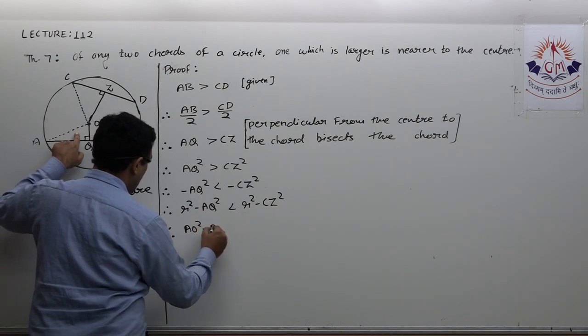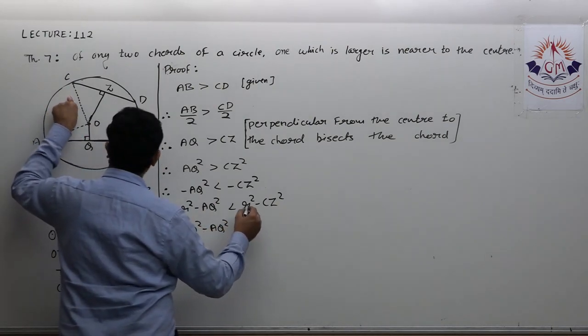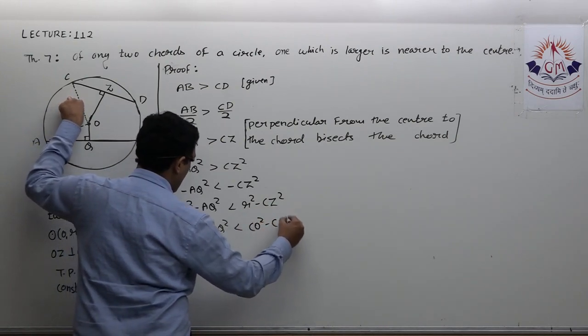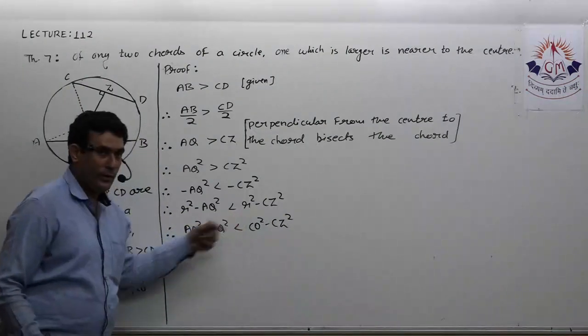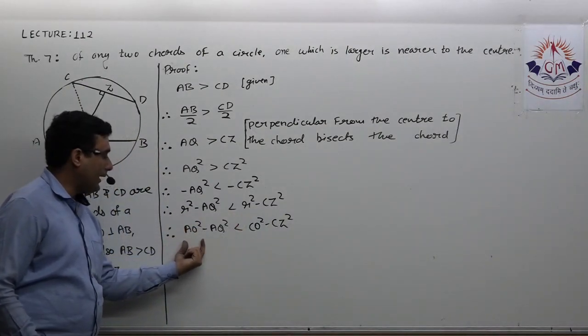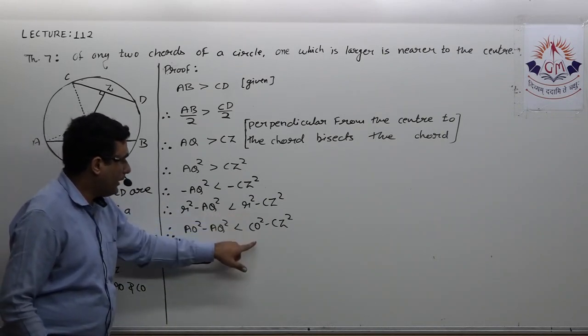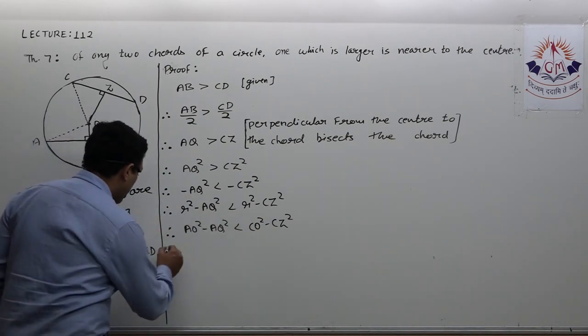So AO square minus AQ square is less than, and here in place of r I can write CO square. On the left hand side I kept AO because the radius is AO, and over here I kept CO because the radius is equal to CO. Now why did I do so?